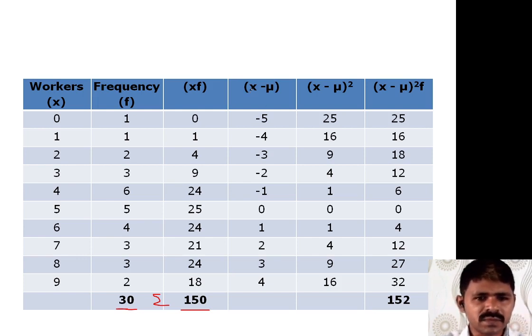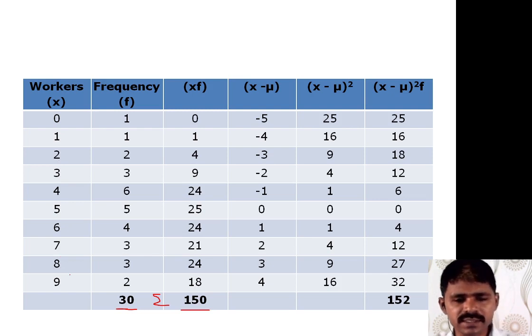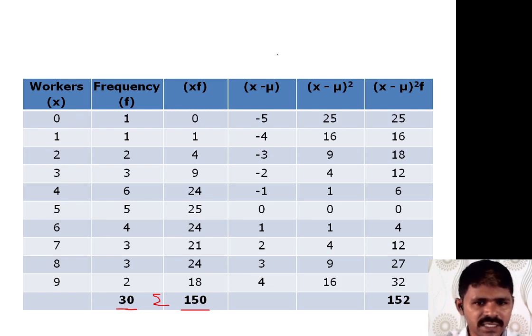The observed values are these x values 0 1 2 3 4 5 6 7 8 9, minus the mean 5 we got. So these are the x minus mu values.